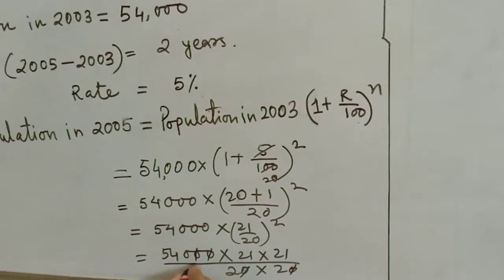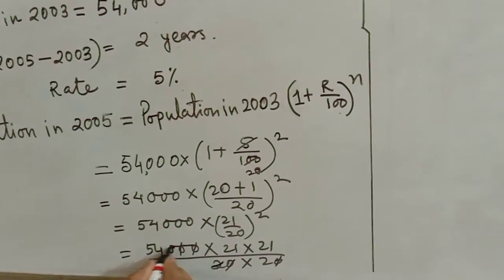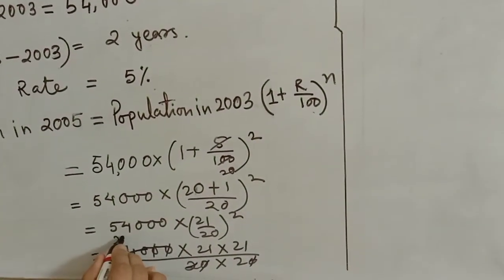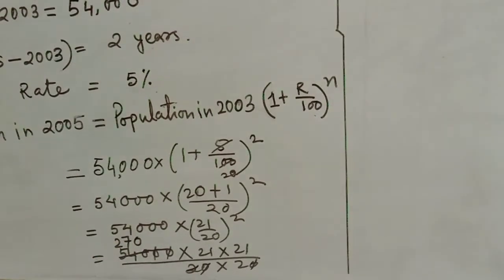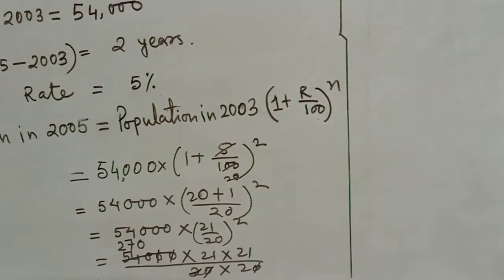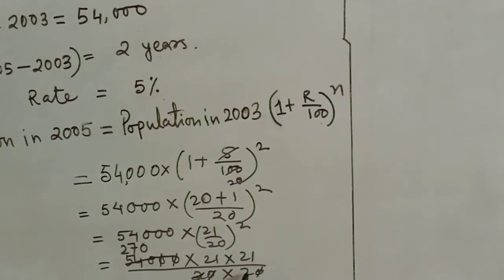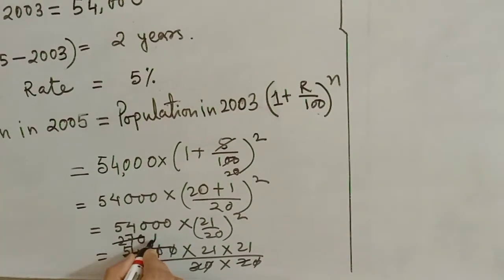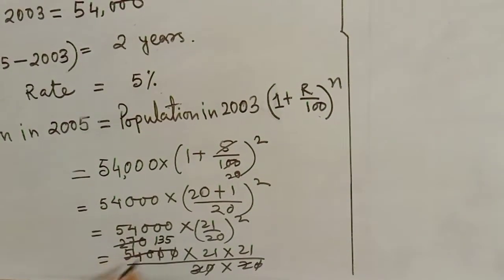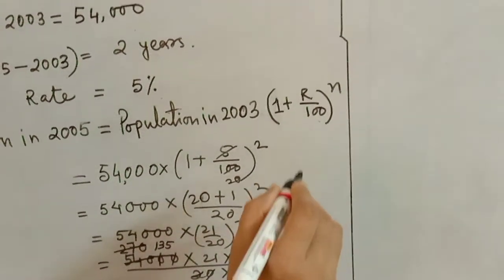Cancel the 2 zeros; 2 twos are 4, 2 sevens are 14, 2 zeros are... Next, divided by 2 again: 2 ones are 2, 2 threes are 6, 2 fives are 10. So 135.